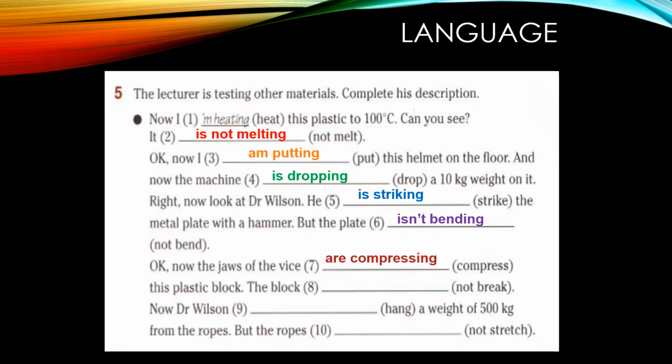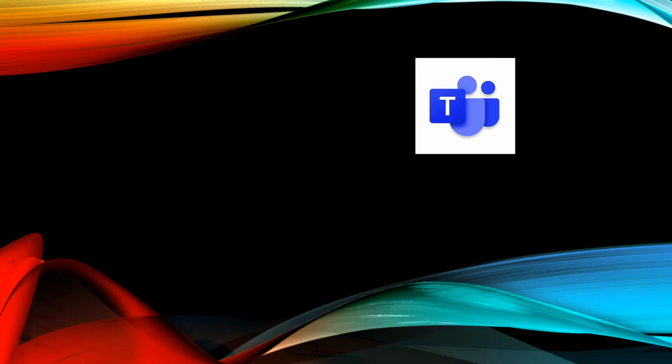It should be are compressing because we're talking about jaws. Okay, a plural word. Now the jaws of the vice are compressing this plastic block. The block is not breaking. Now Dr. Wilson is hanging a weight of 500 kilograms from the ropes, but the ropes aren't or are not stretching. Very good. Okay, so now we have achieved all our objectives for today.